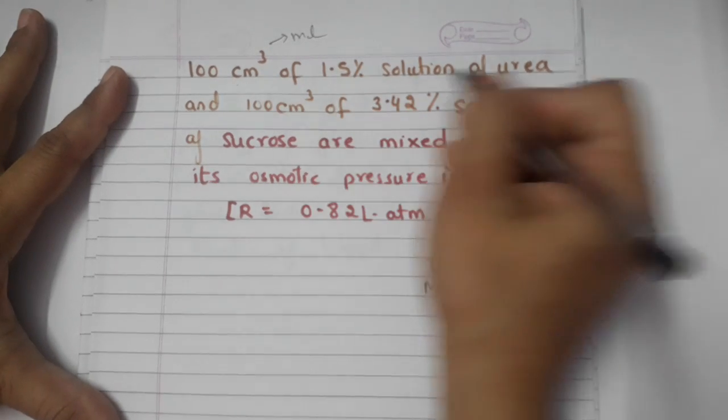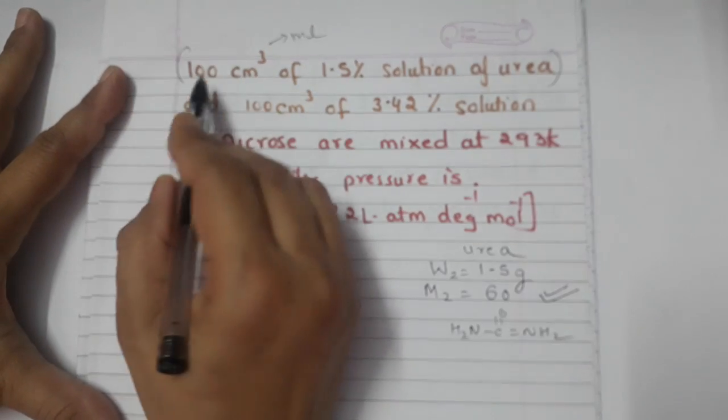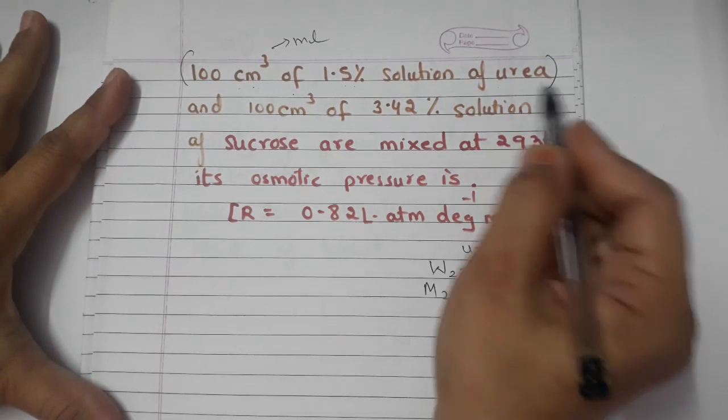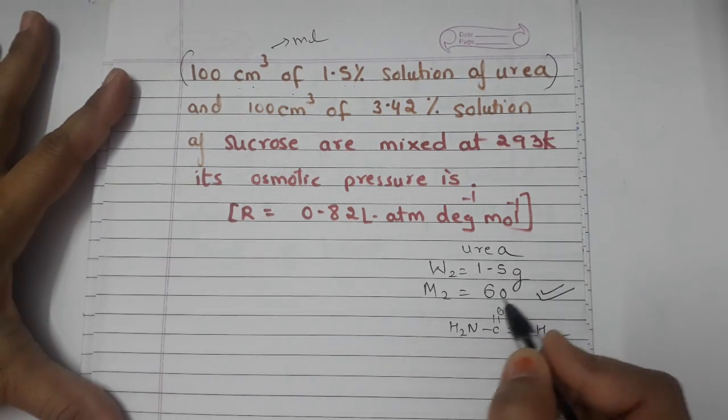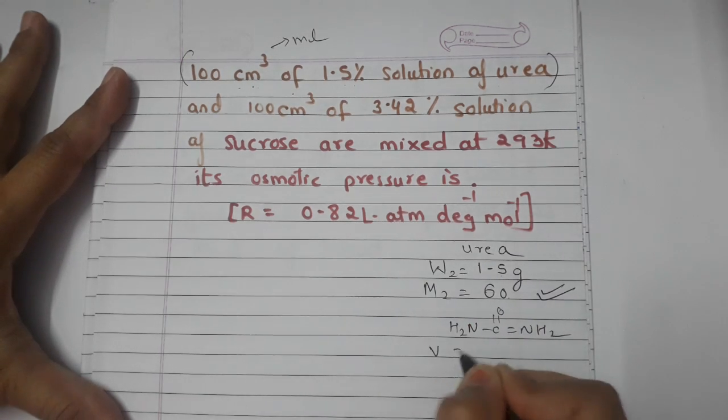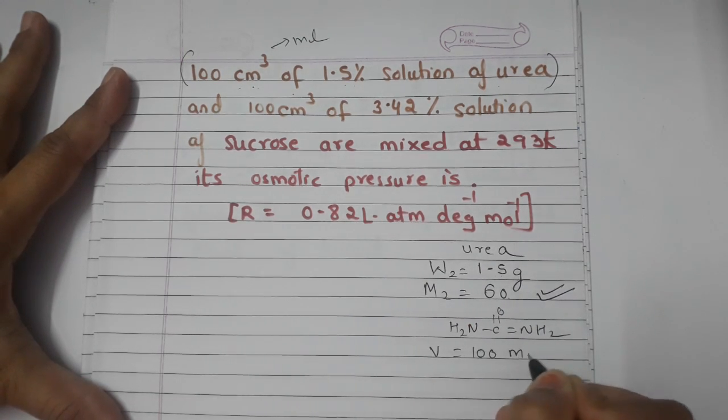So students, merely by reading this statement, 100 centimeter cube of 1.5 percent solution of urea, I have written 1.5 gram and M2 and the formula also. Now, what is the volume? Volume is 100 ml.